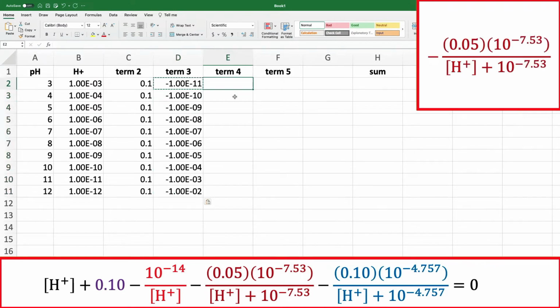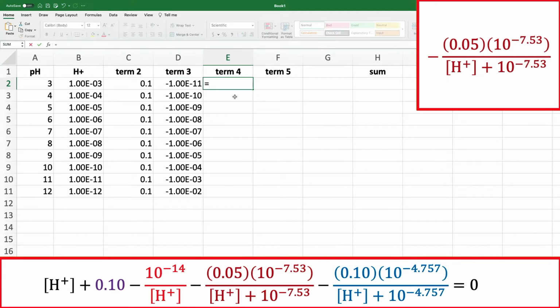Our next term is this minus 0.05 times 10 to the minus 7.53 divided by H+ plus 10 to the minus 7.53. Here, things are getting a little complicated, so be careful where you deploy your parentheses.